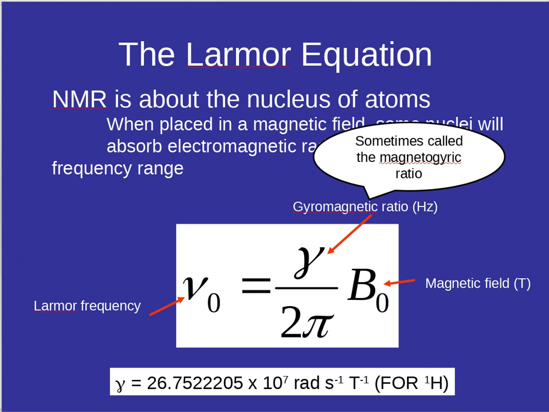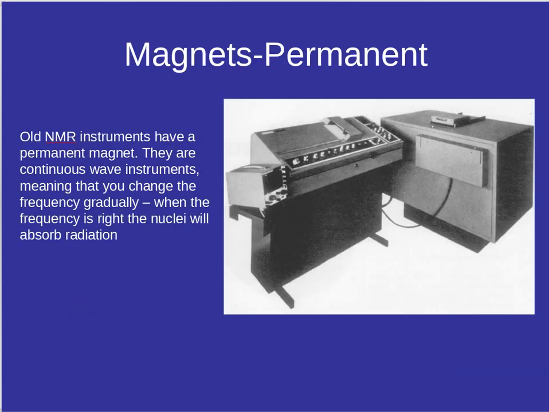Just to give you some historical context, old NMR instruments used a permanent magnet, and we used to have an instrument that looked like this with a permanent magnet in, and of course that's what we need because we need a magnetic field to place the nuclei in, and then they will absorb radiation.